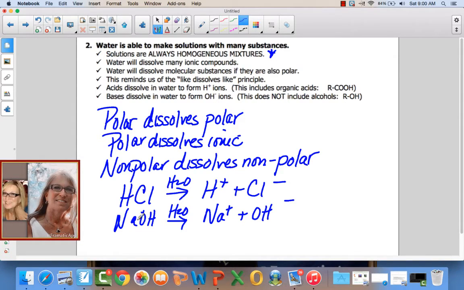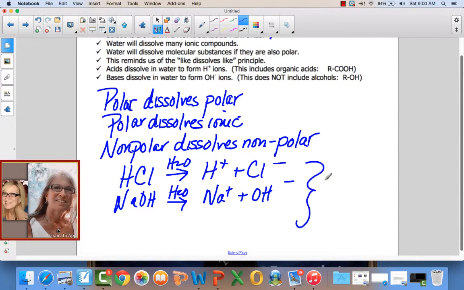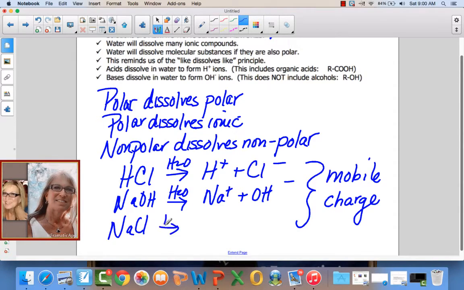This is one of the reasons why acids and bases are electrolytes, because they have mobile charge. In order to conduct, I need mobile charge. And the same with salts. If I put NaCl in water, so it's aqueous, I have Na plus and Cl minus. Once again, mobile charge.